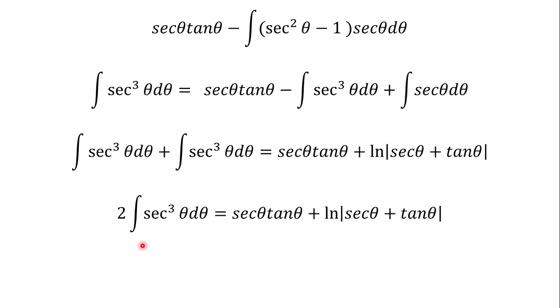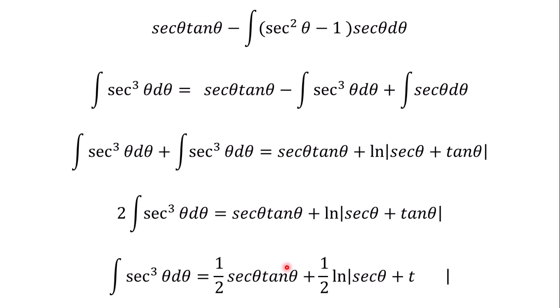1 over 2. And when you do that, this one will be equal to 1 over 2 secant theta tan theta plus 1 over 2 natural log of absolute value secant theta plus tan theta.